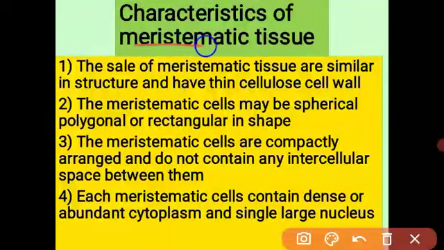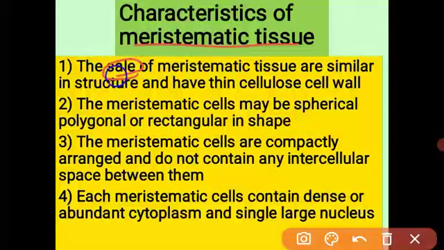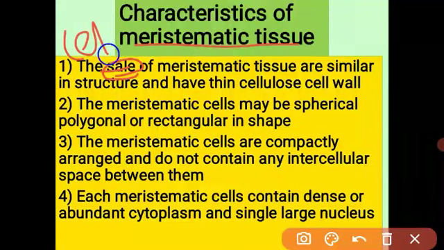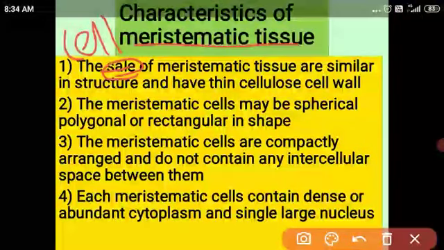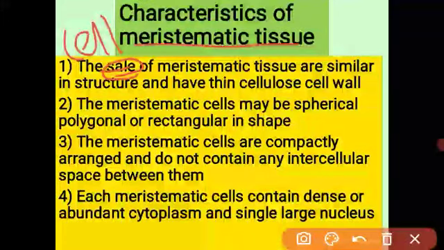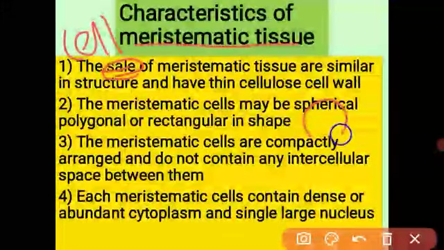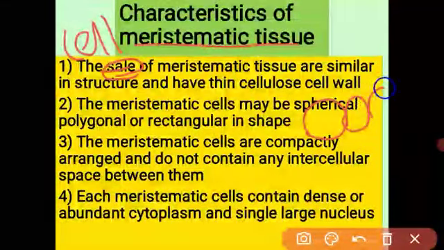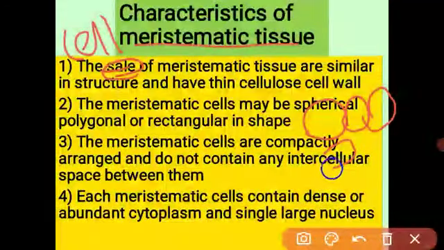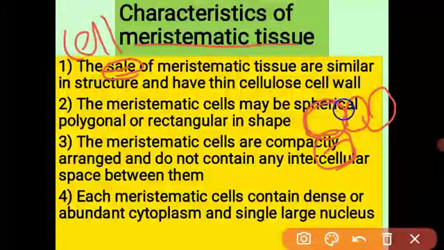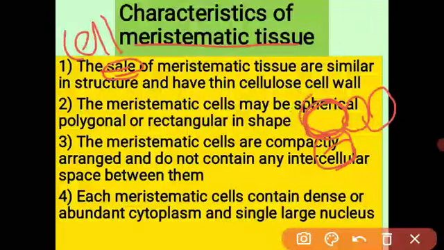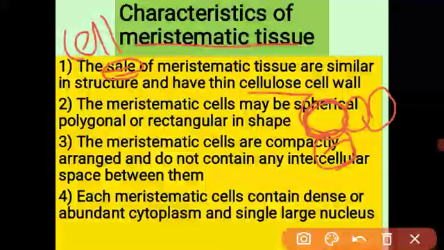And meristematic tissue, dear, has similar cells. It is a wrong spelling. The spelling of cell is CELL. The cells of meristematic tissue are similar in structure, meaning all the cells of meristematic tissue are the same in structure. And the cell wall, meaning the outer covering of the cell, is made from cellulose. Cellulose is one kind of substance.